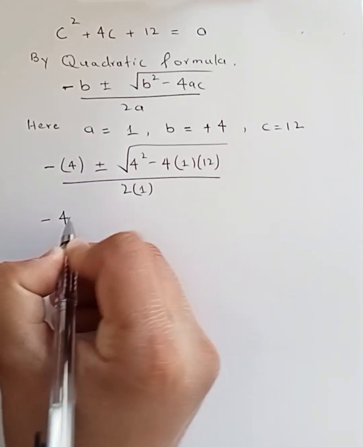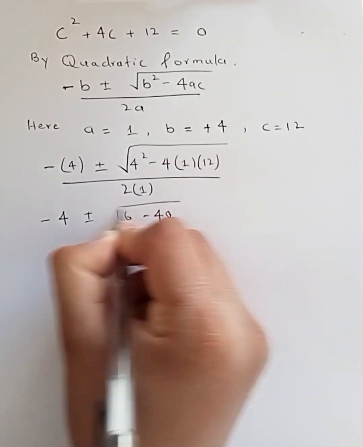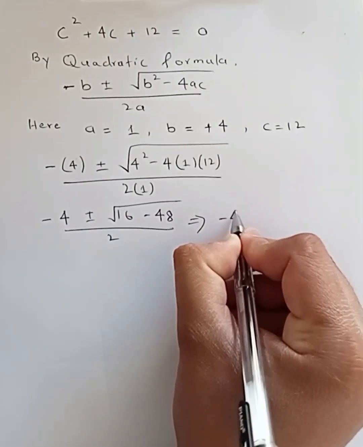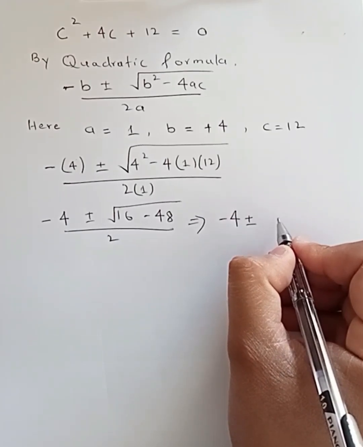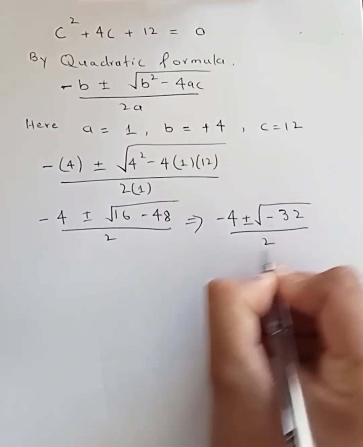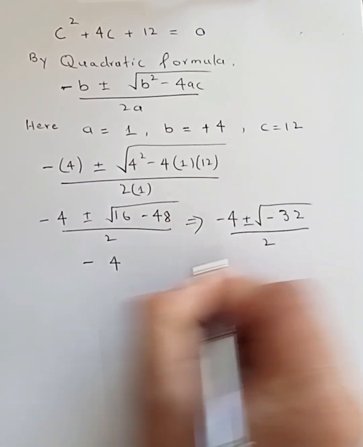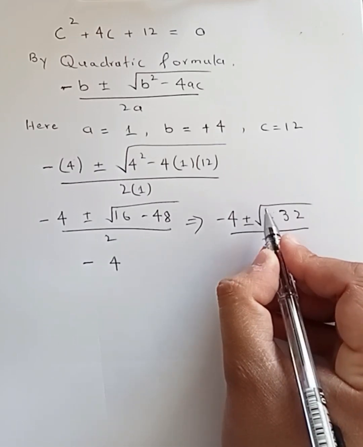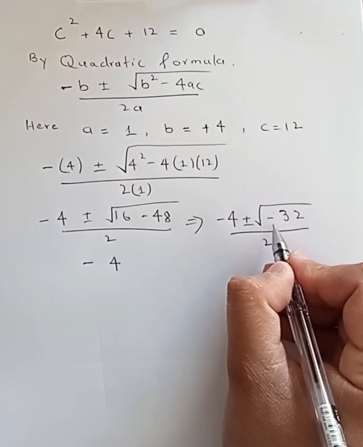So this comes out minus 4 plus or minus the square root of 16 minus 48, divided by 2. So it comes out the square root of minus 32. If you look carefully, there is a minus sign inside the square root, so we are basically going into the complex world, which is the imaginary number i.